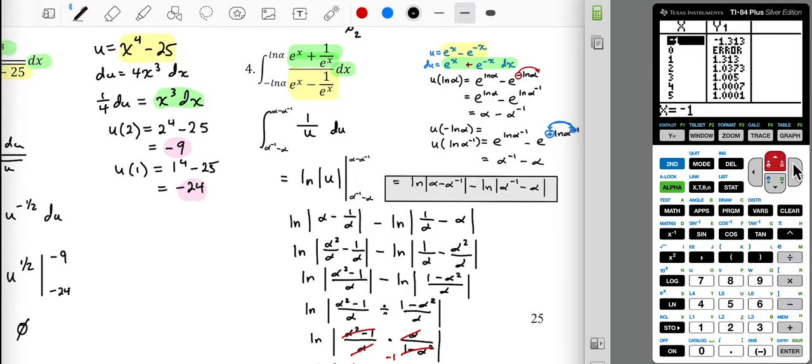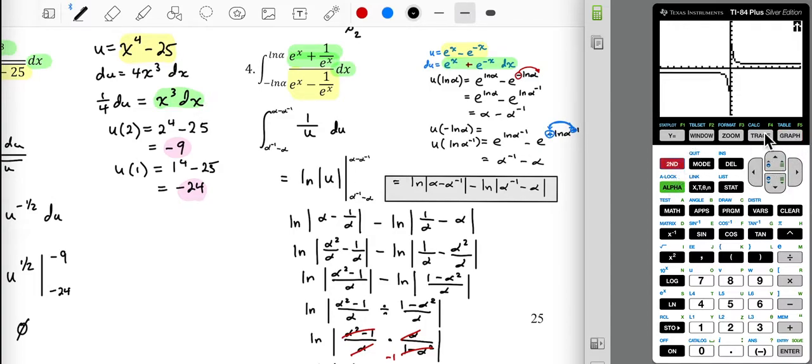But what we could do is, instead of going from negative ln of 2 to positive ln of 2 in one shot, what we can do is negative ln of 2 to something really close to 0 on the low end. So negative 0.0001, for example.